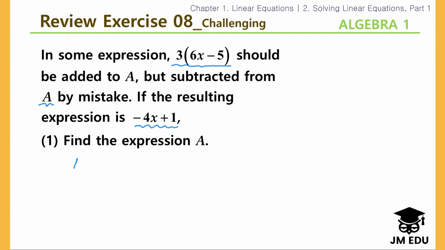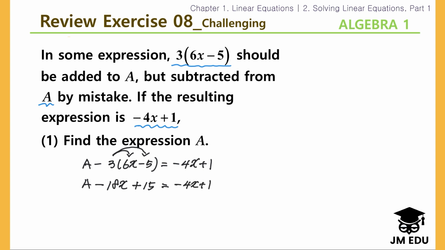So, a minus 3 times (6x minus 5) is equal to negative 4x plus 1, right? So let's expand this. A minus 3 times 6x, minus 18x, right? So minus 3 times minus 5, that's going to be positive, plus 15, is equal to negative 4x plus 1, right?